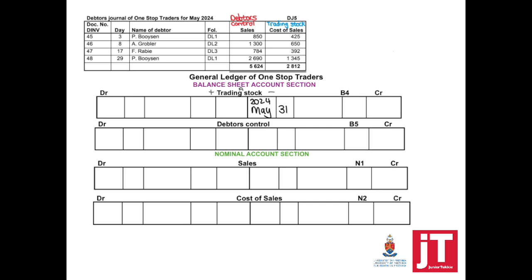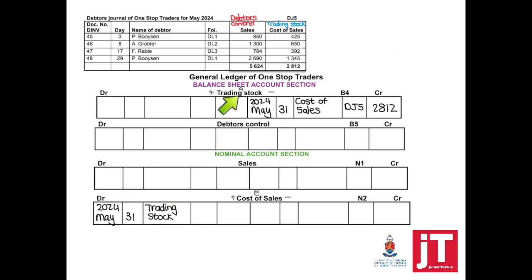Now, the contra account, that is your details, is cost of sales from the debtors journal, 2,812. Now you can actually apply the double entry principle, which means for every credit, there's a debit. That means that cost of sales is going to be debited. When? The last day of the month.